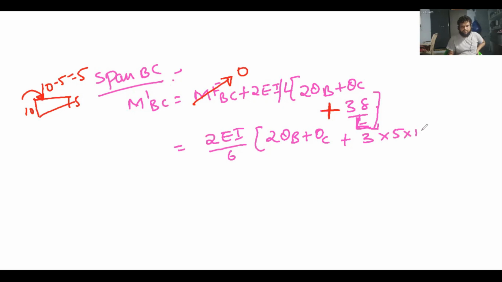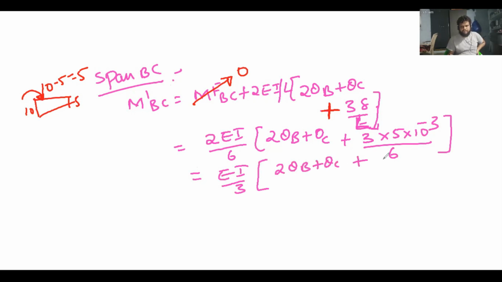So 5 into 10 to the power of minus 3 by 6. If you rewrite this equation, EI by 3 into 2 theta B plus theta C plus 2.5 times 10 to the power of minus 3. So this is equation number 3.